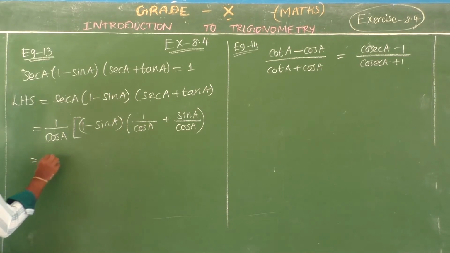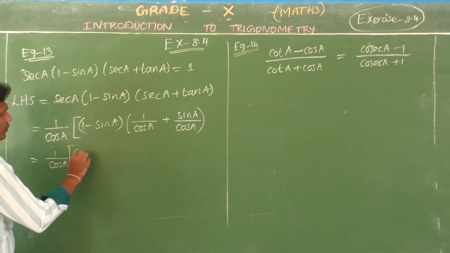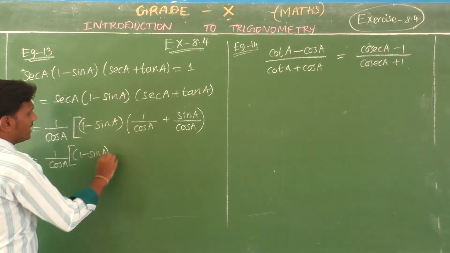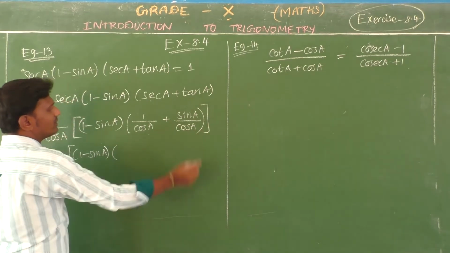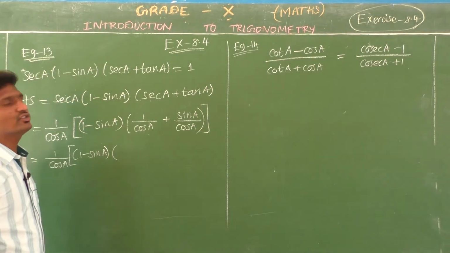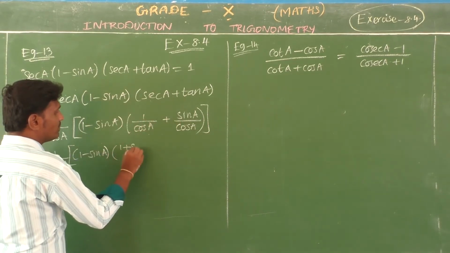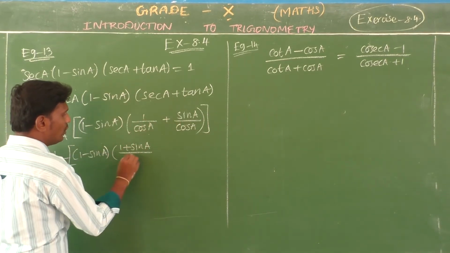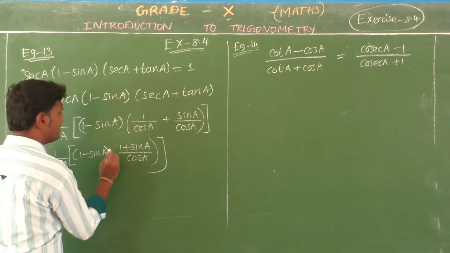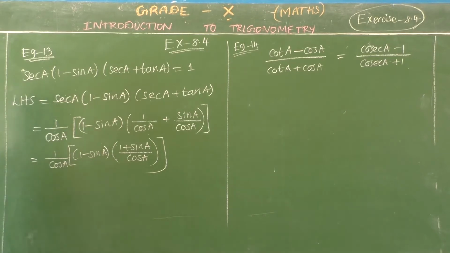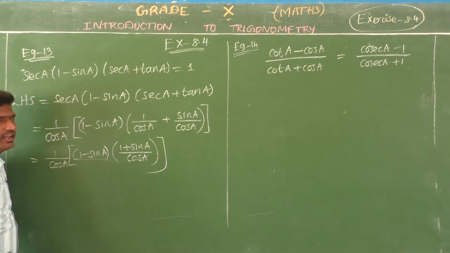Now students, listen carefully all of you. 1 by cos A into 1 minus sin A, into, in the second bracket we have both fractions with the same denominator, so we can add directly, which is 1 plus sin A whole divided by cos A. Now I am going to multiply numerator to numerator and denominator to denominator.